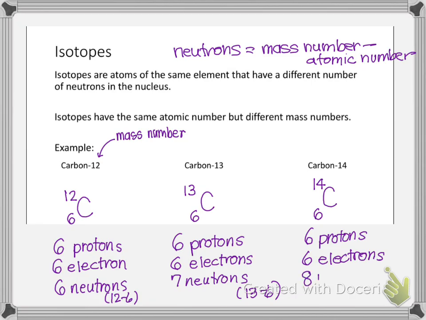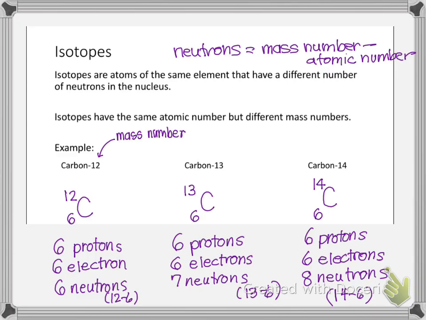And then this is 8, which is 14 minus 6. So you can see here with isotopes, that's the definition of isotopes. They're atoms of the same element that have different numbers of neutrons in their nucleus. So carbon has 3 isotopes, and carbon-12 is just one of the 3 isotopes.